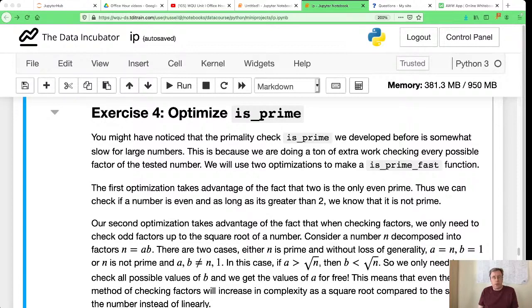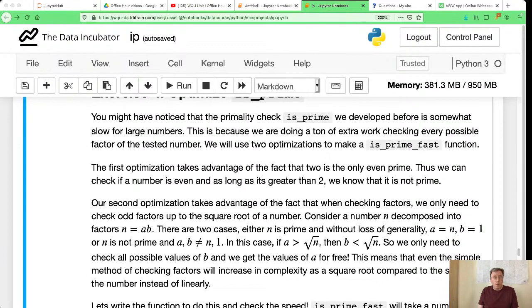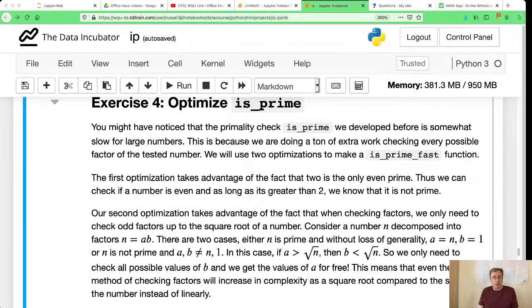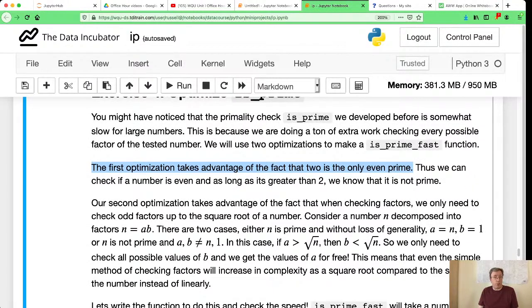So yeah, we could make the isPrime function quicker. So there's suggestions right here, right? The first optimization takes advantage of the fact that 2 is the only even prime number. Right, so we could check, is it an even number which is greater than 2, then we know it's not a prime number.